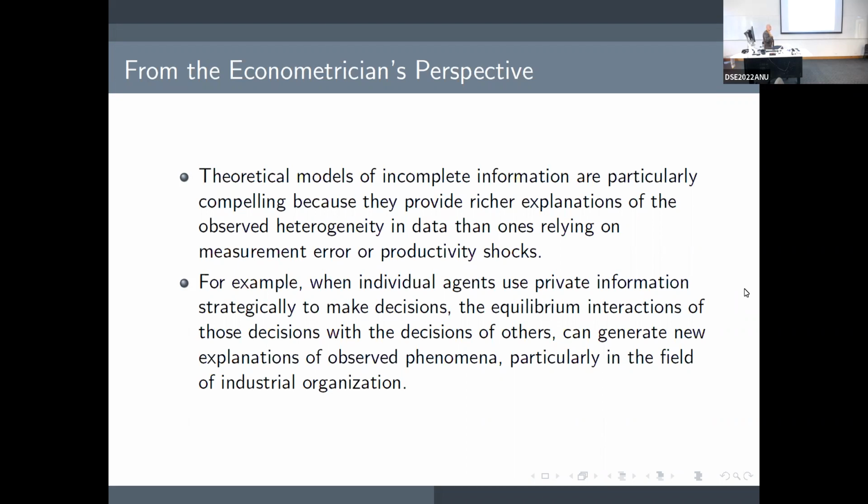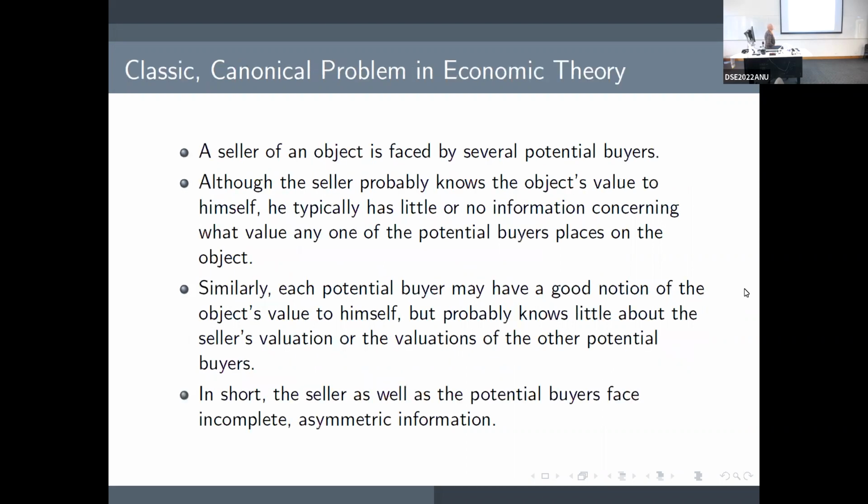So they're models of unobserved heterogeneity. And they're interesting because when individual agents use this private information strategically, you can get phenomena quite different than what you would expect in certainty models. And then they've had, as you've seen, a big impact in industrial organization.